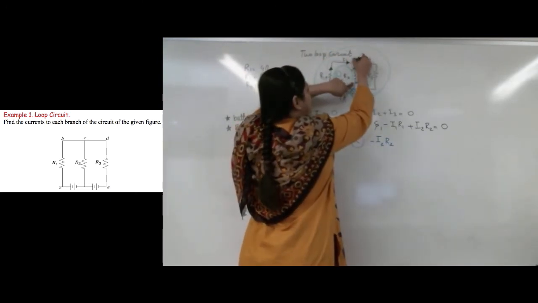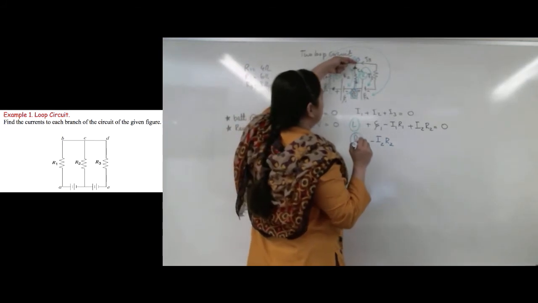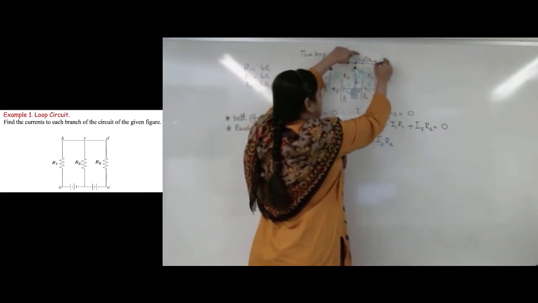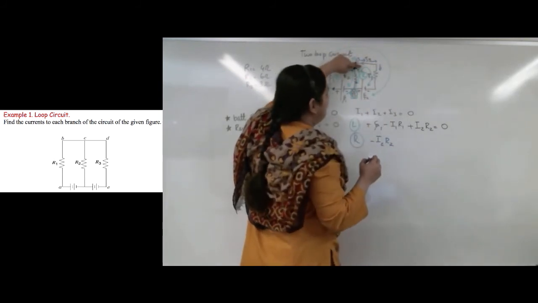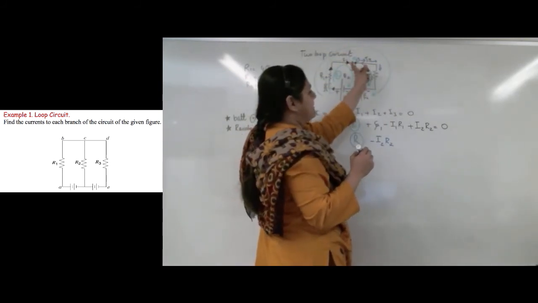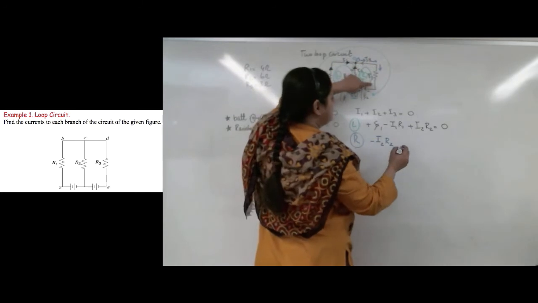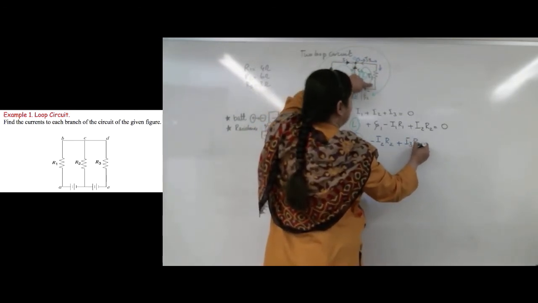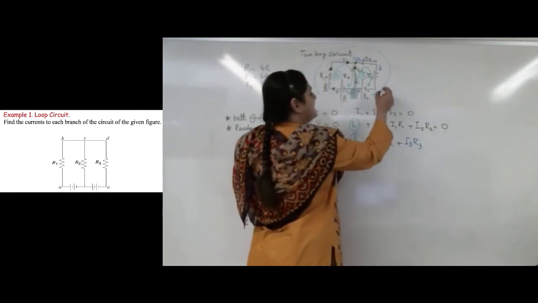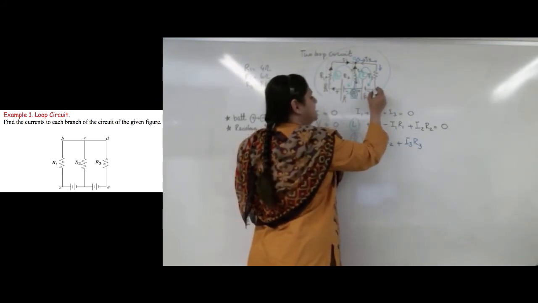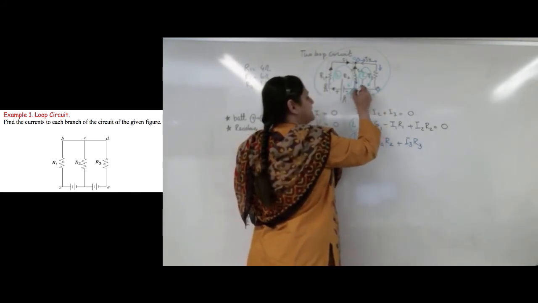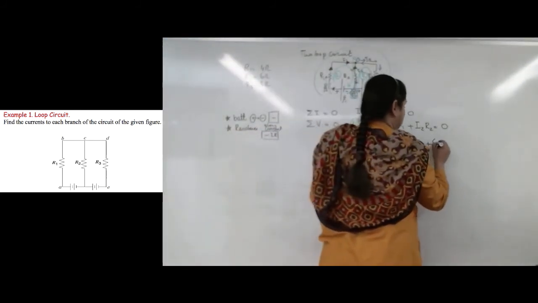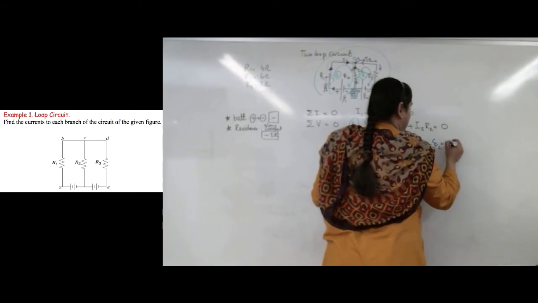Then this person comes here and it goes that way, right? So my person goes this way, comes down. Now my current is chosen to be going that way and the person is walking down, so I'm going to be plus I3R3, okay? Then my person comes down here, it goes through minus to plus, will be plus epsilon 0 equals 0.